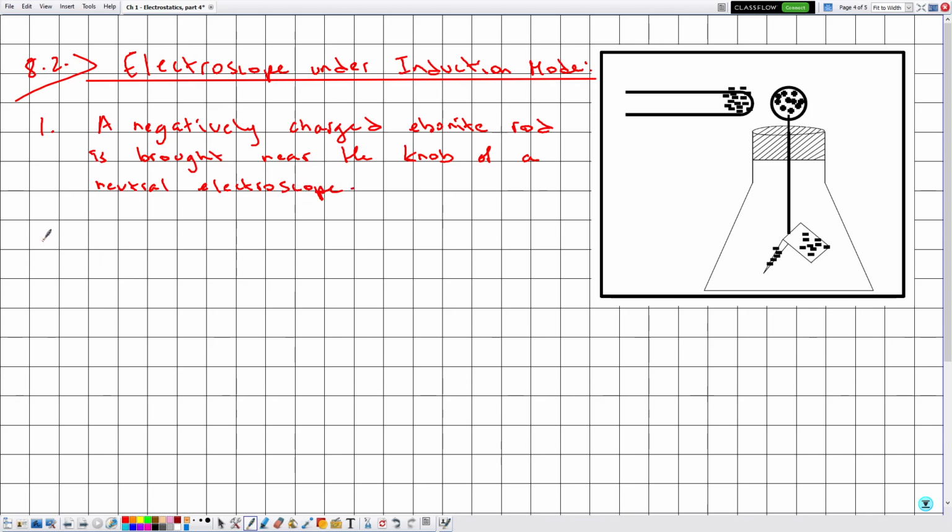Now the following will happen. An isolation of charge occurs in the electroscope.